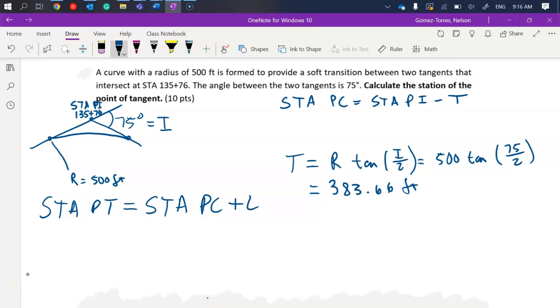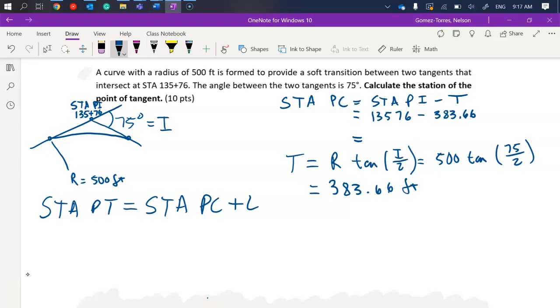With the tangent and the PI, we can calculate the station of PC. Let's do so. So the station of PI, again, if we're going to do math, I usually don't write the stations themselves. I just write the feet. And here, 383.66. Let's do the math then. Now I will solve it, and we'll write that down as stations.